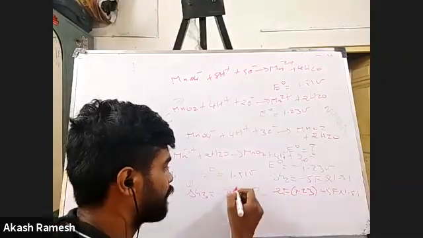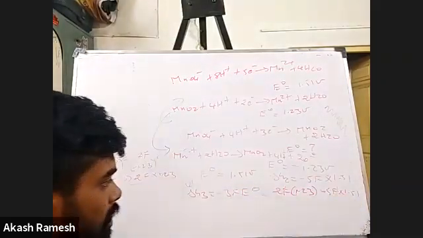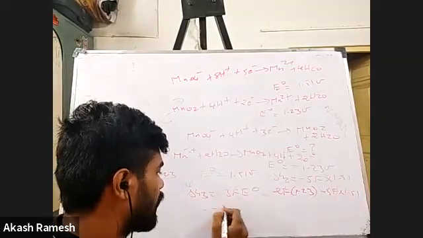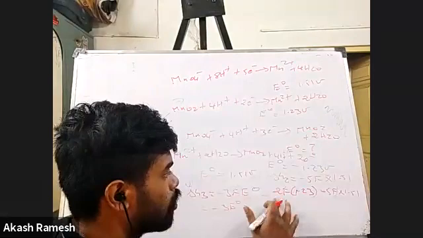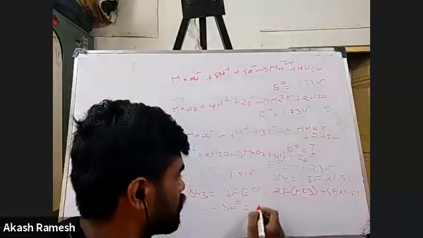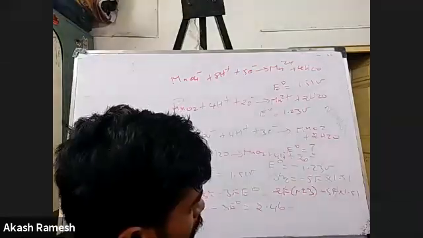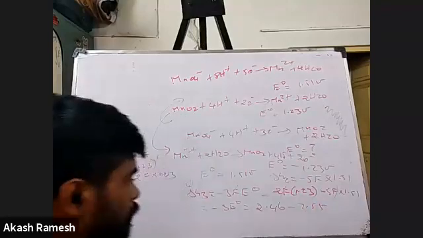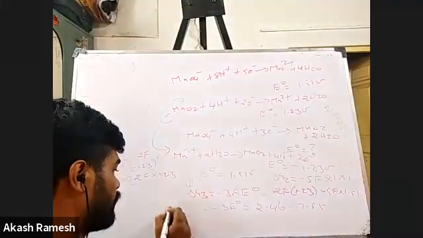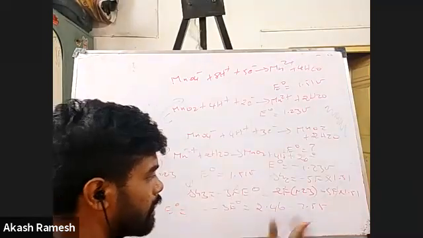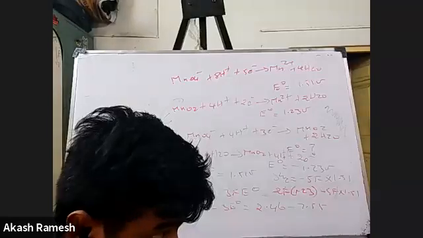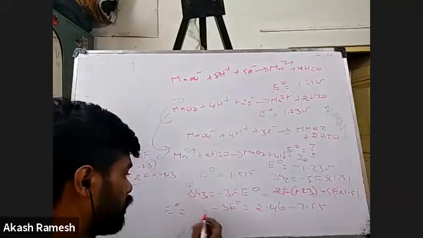I'll cancel the F's alone. So minus 3 E naught will be equal to 2 into 1.23, which is 2.46, minus 5 into 1.51, which is 7.55. So 2.46 minus 7.55 gives minus 5.09, and it's a negative value.